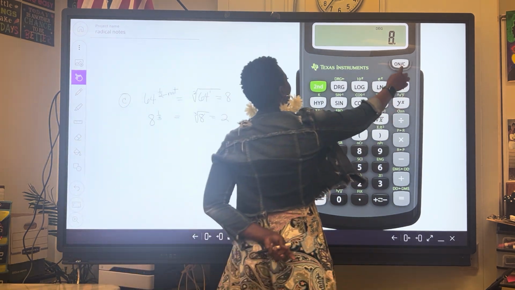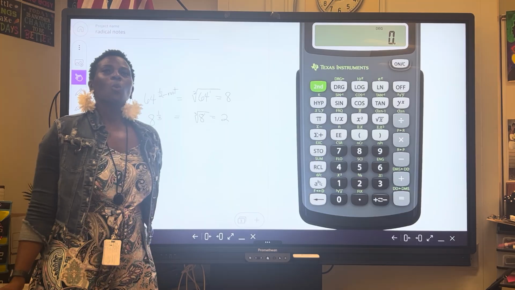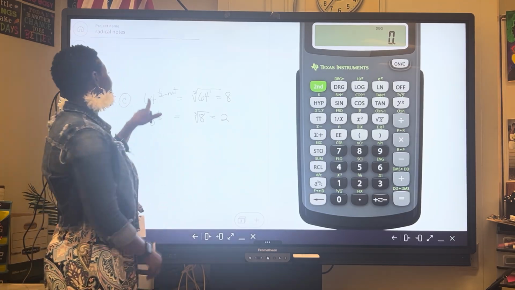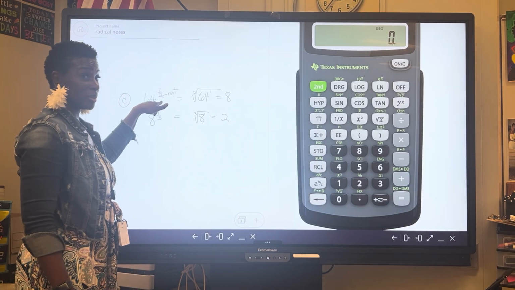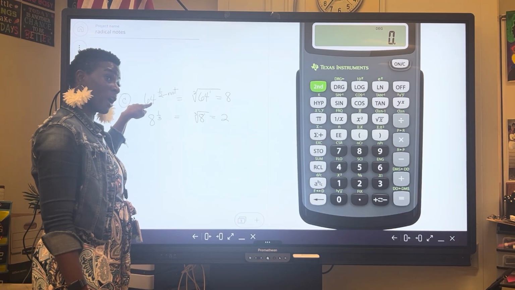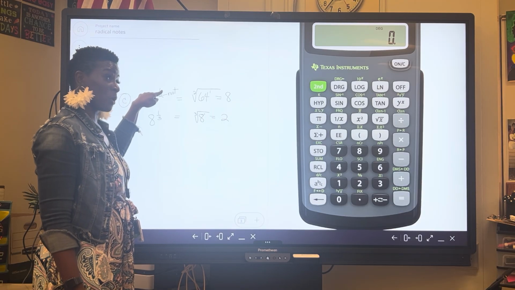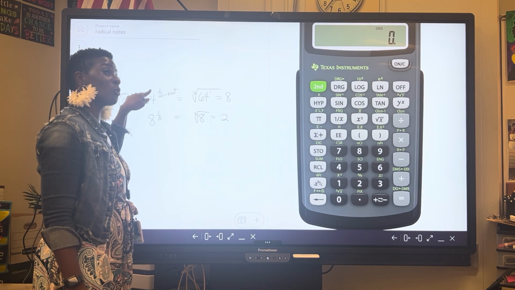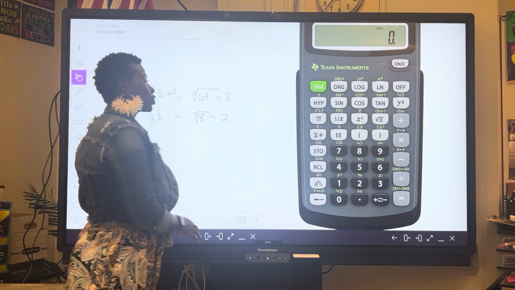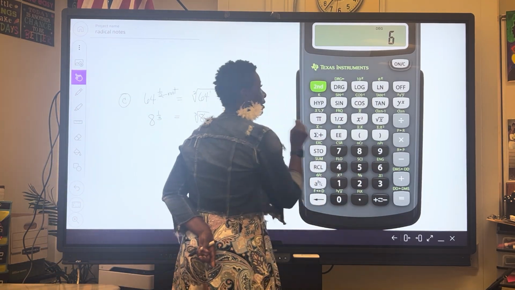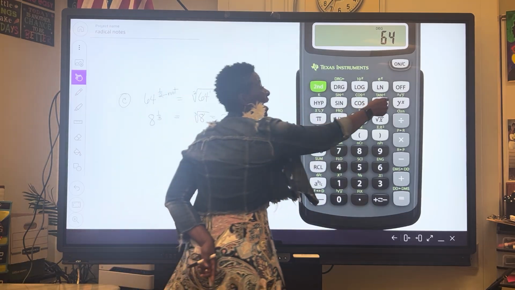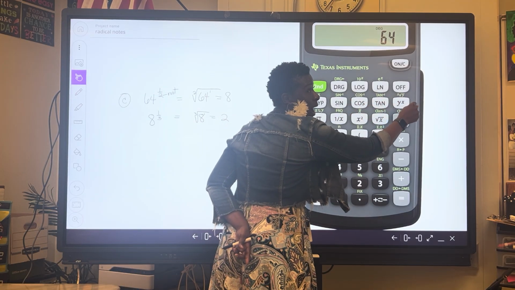Yes, I'll do it one more time. All right, pay attention. What do we do, class? We're doing 64 to the 1/2 power, right? We're going to put in 64. We're going to raise it to an exponent. But the exponent is a fraction, so we got to use the fraction key, okay? So let's do it again. 64, y to the x, because you can take any number and raise it to a power, right?